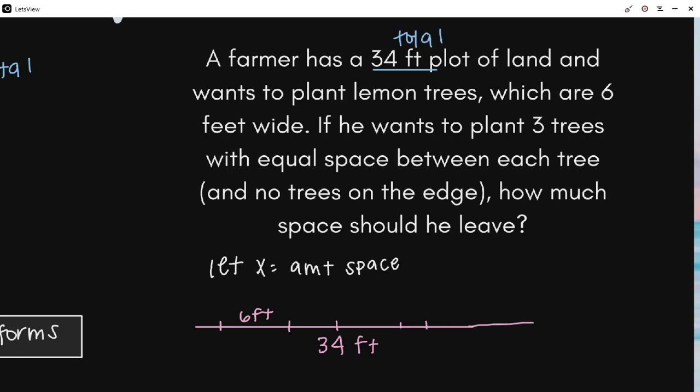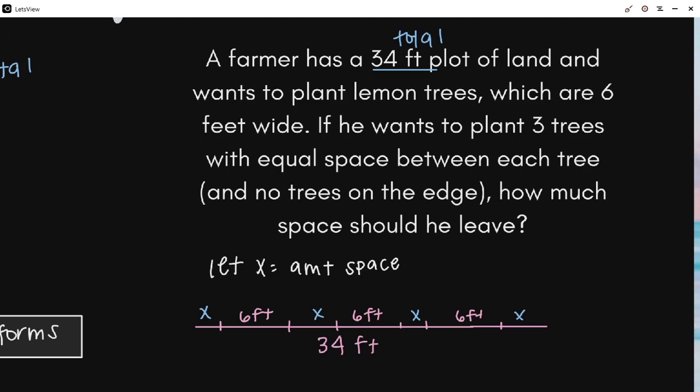Let me try extending this line. Okay, and then from here to here would be another 6 feet. So the space in between would all be x, because we want there to be equal space.